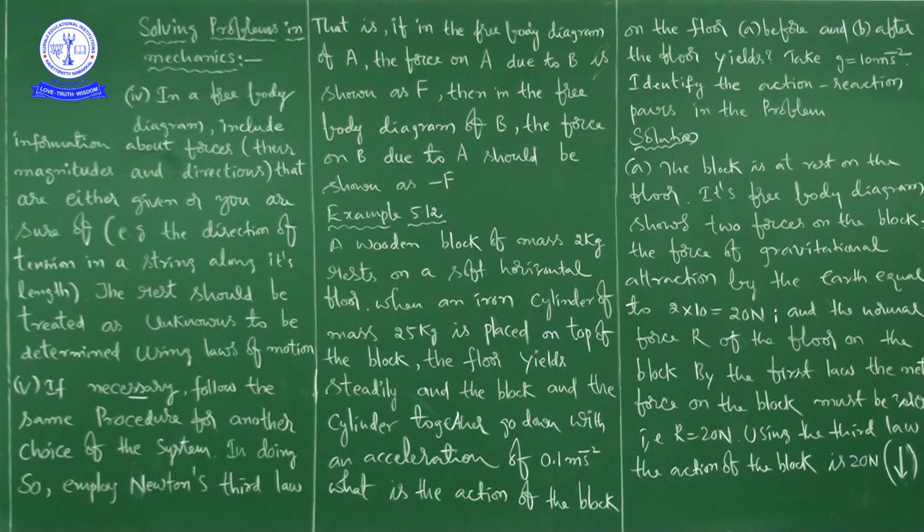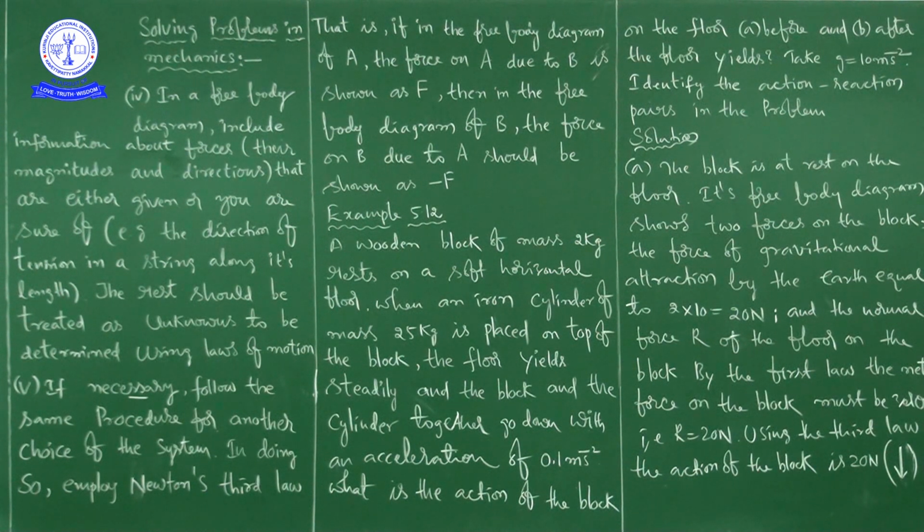Sometimes they have given, for example, the gravitational force, or otherwise we can find out because the gravitational force acts vertically downward. Sometimes we have to know, for example, the direction of the tension in a string. So both, either given or we are sure of, we have to mention in the diagram.